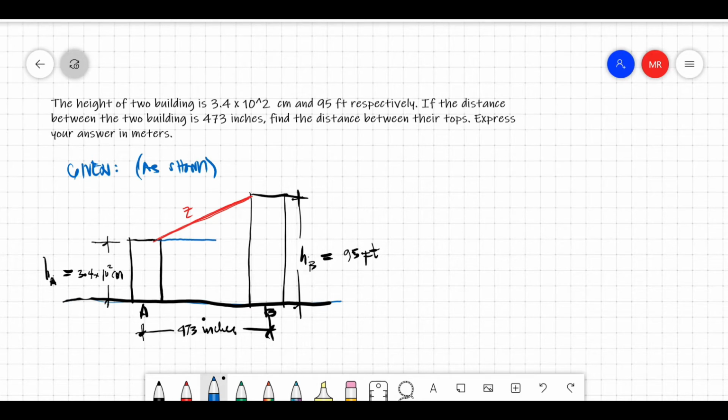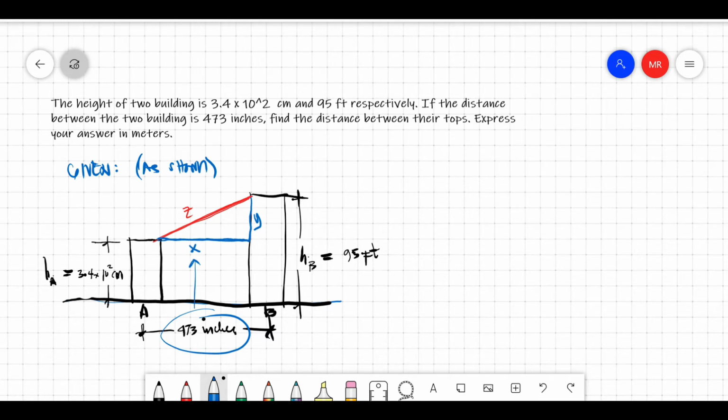So this will be X. Let's say this is Y. From the figure we can see that XYZ forms a right triangle, but we are being asked for Z. Now X is equal to this distance, 473 inches.